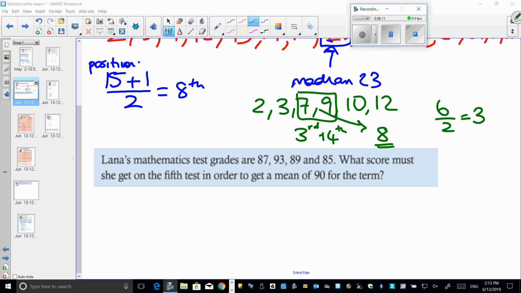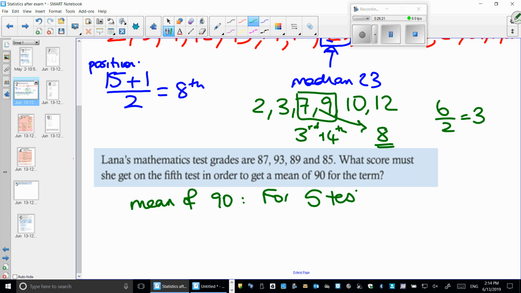We have to think about how this works. If I want to get a mean value of 90, how many tests are we talking? 5. So what I would need to do is find the total sum that I need.